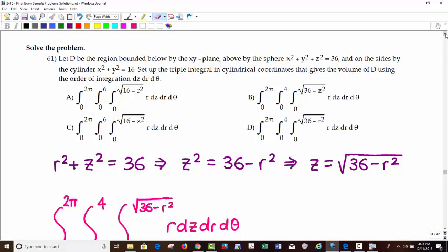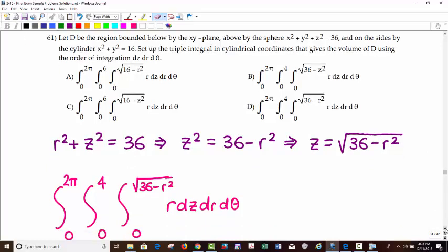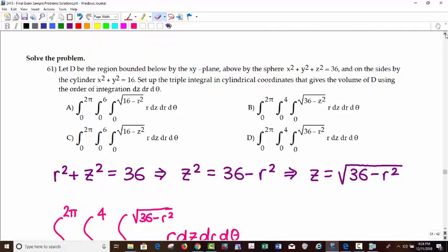And it says above by the sphere and on the sides by the cylinder. Because there's 2 different ways you can do this. We did problems where it was the region that was outside the cylinder but inside the sphere. But this one's inside the cylinder, and then the sphere curves off the top of it. And that's what we're looking for here.